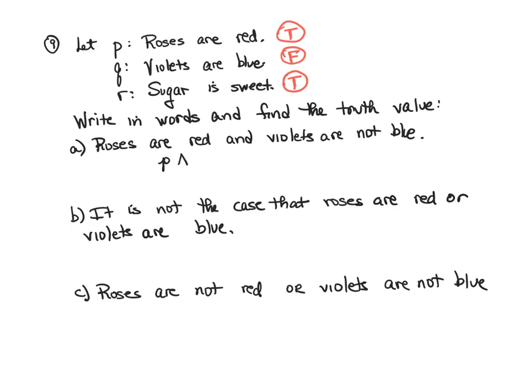So we put the and symbol, and "not blue," we'll put not Q. And to get the truth value for that, I'll substitute the truth values that I have: true and not false, because Q was assigned to be false. Well, that's true, and the final statement is true. Okay, try the next two by yourselves.